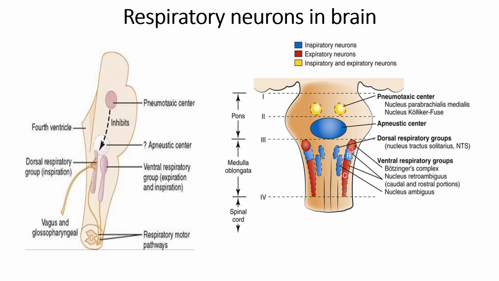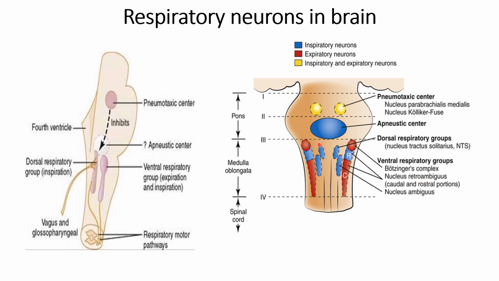These two, the red, are the expiratory neurons of the ventral respiratory group, whereas the blue one, the middle one, is the inspiratory neurons. These inspiratory neurons are the nucleus retroambiguus.